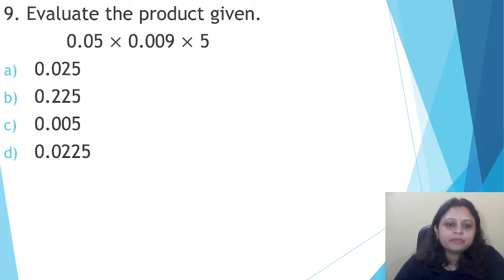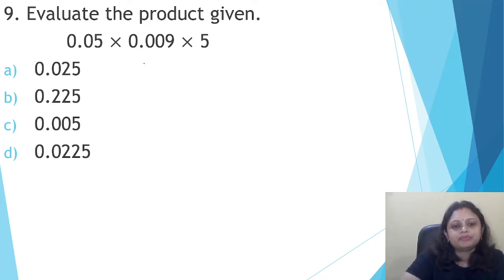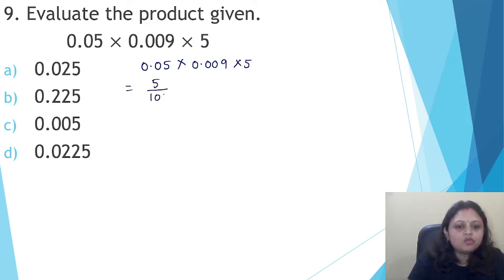Here we have to find the product. 0.05 into 0.009 into 5 is equal to 0.05 means 5 by 100, into 0.009 means 9 by 1000.